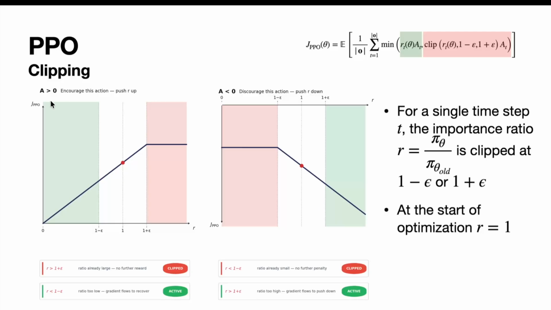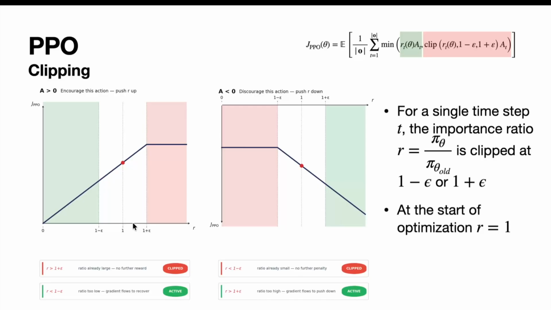Now consider the cases when the advantage is positive. A positive advantage means this token was better than expected, so we want to encourage the model to produce it more often. To maximize this objective, PPO wants to increase this importance ratio, meaning the current policy should assign a higher probability to this token than the old policy.